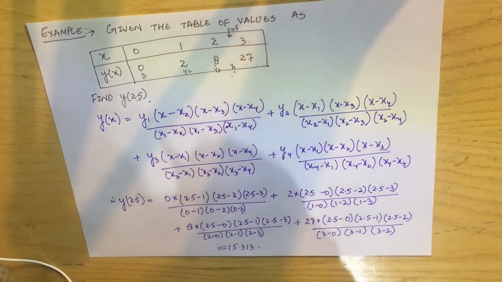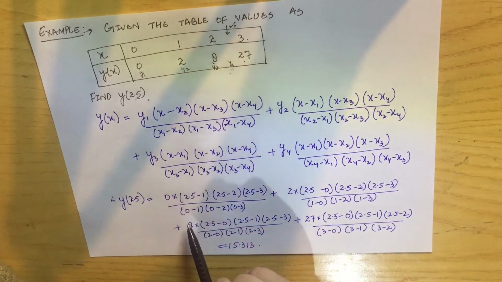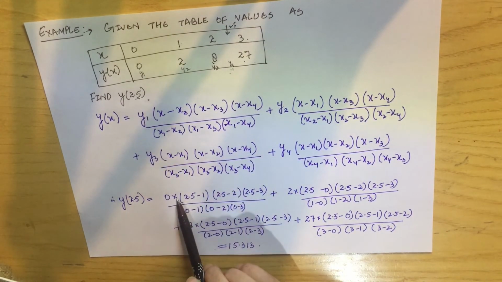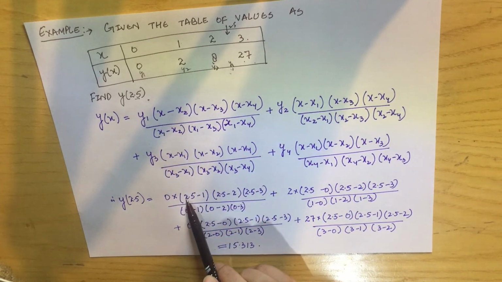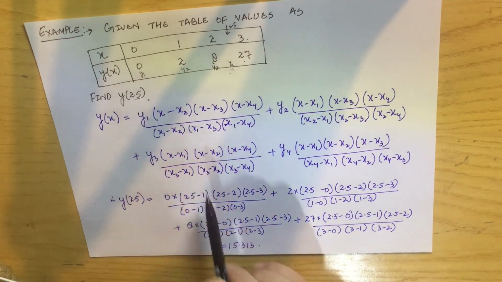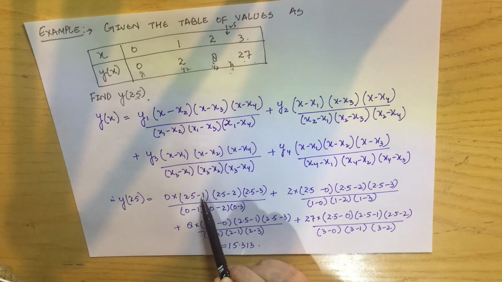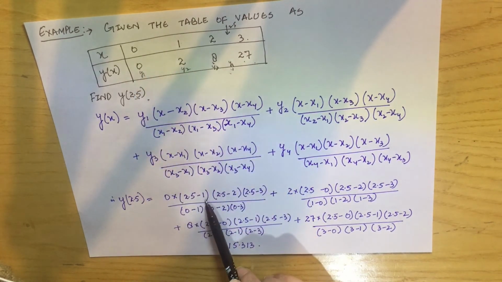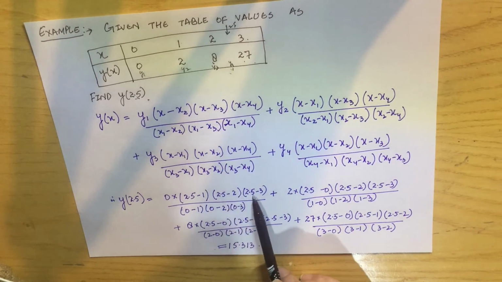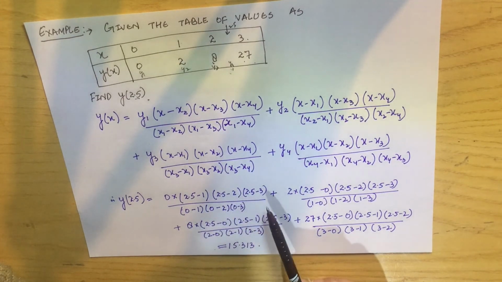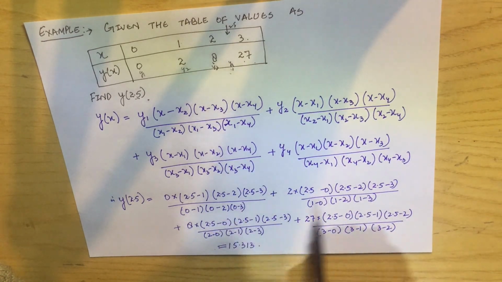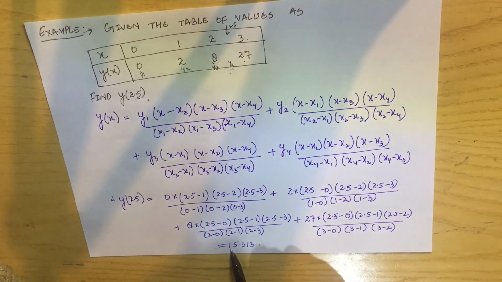So y1 is equal to 0 multiplied by x, where the value of x is 2.5 which we have to calculate, so 2.5 minus 1, since the value of x2 is 1. Similarly we put the values of the x's and y's in the formula, and after putting the values in it we will get the answer as 15.313.